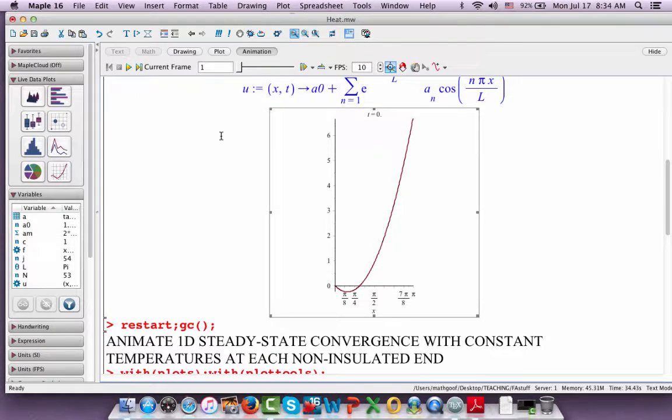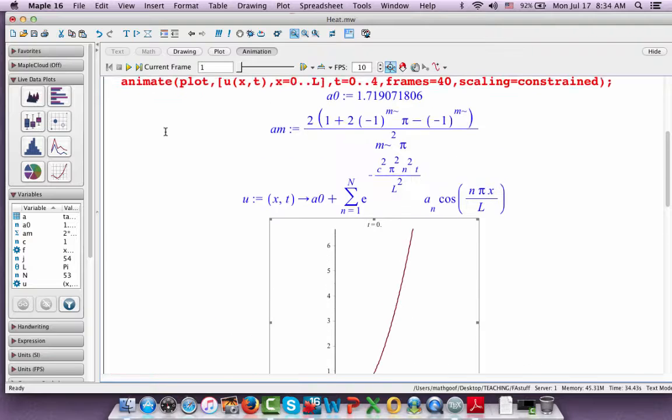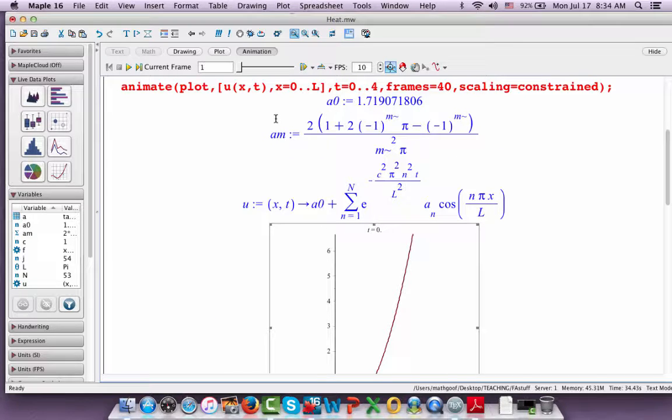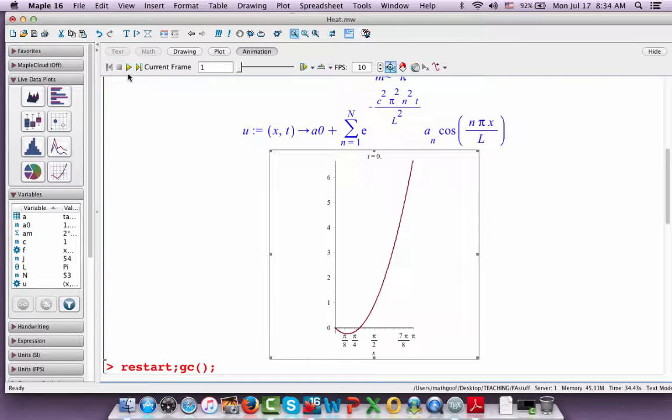So just run the animation, we'll see that the steady state temperature distribution will converge to a horizontal line, and the height of that line will be this A0, about 1.72. That's only 4 seconds, so after 4 seconds it's already pretty close to that steady state, but it will take more time to look almost indistinguishable from that horizontal line.